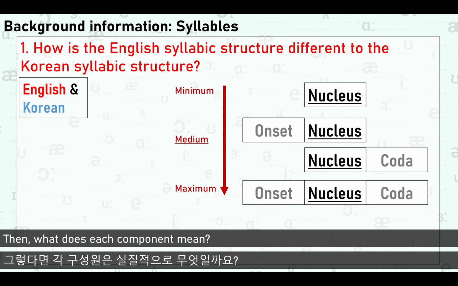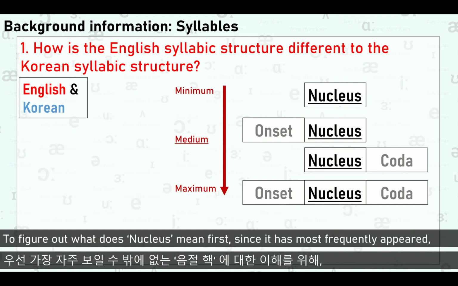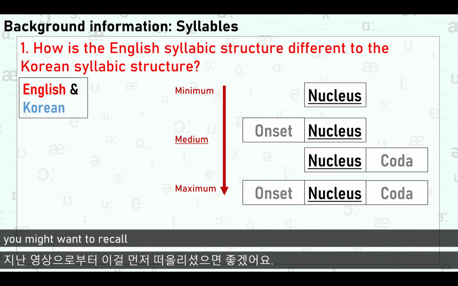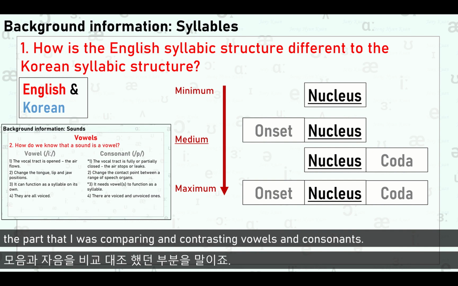Then, what does each component mean? To figure out what the nucleus means first, since it has appeared most frequently, you might want to recall the part where I was comparing and contrasting vowels and consonants.